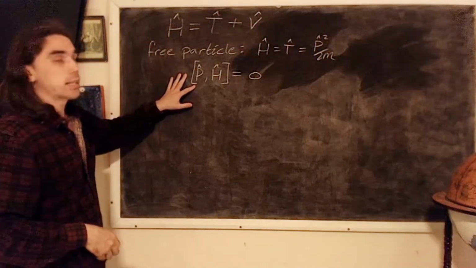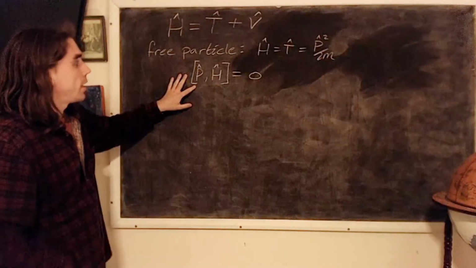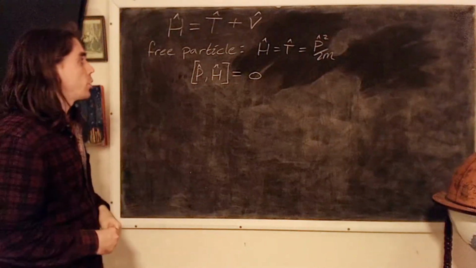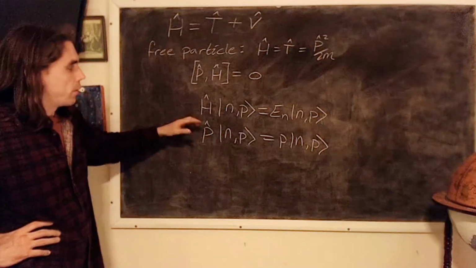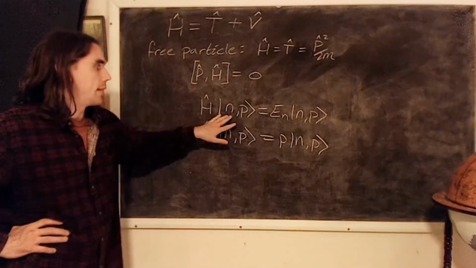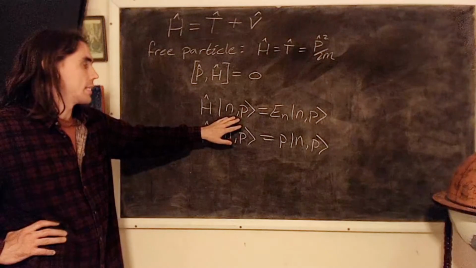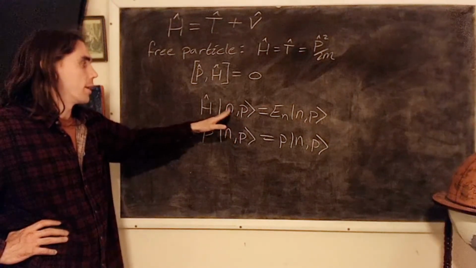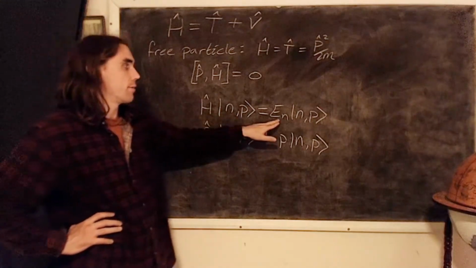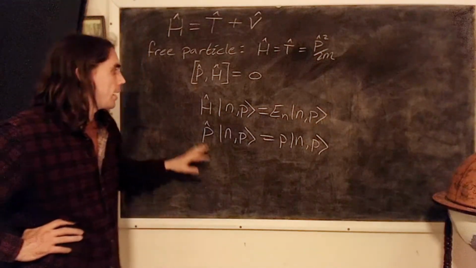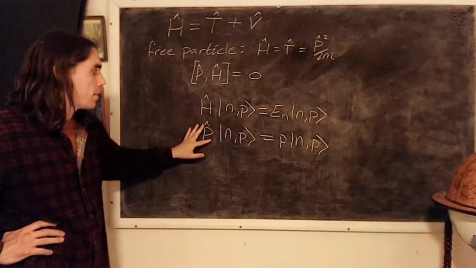And so in this case, we can write simultaneous eigenvectors of p and H, which we could label as follows. I've written the state with the label n, p, because it's going to be an eigenstate of both the operator associated with n, which is the Hamiltonian H, returning eigenvalues E subscript n, and it's also an eigenstate of p.